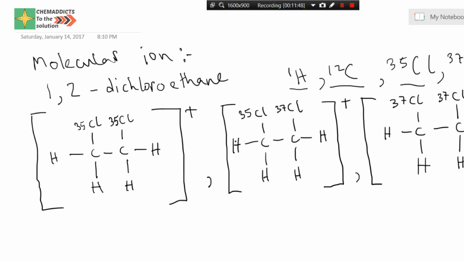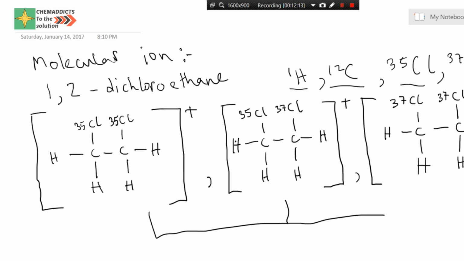Since the only variable over here is chlorine, chlorine has the only variable isotope. Since two chlorine isotopes are present, there would be three possible structures of molecular ion.